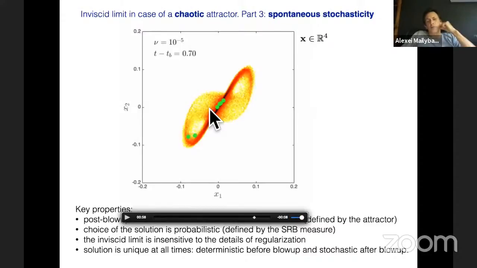This is the shape of the Lorenz attractor. So having the probability distribution of the Lorenz attractor, we can find the probability distribution at every single time of the system. And this probability distribution does not depend on how you regularize. It's already a probability distribution which was known to the original system. The original system with the singularity already knew that after it passes the singularity, there will be probabilistic behavior, and this behavior will have a very specific probability distribution.